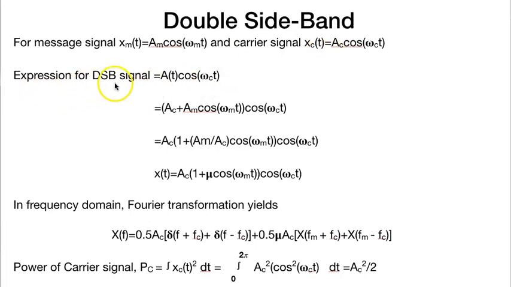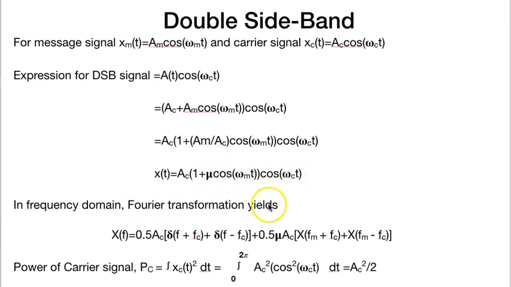To get the expression for a double sideband signal, if we expand our basic expression of modulation, it comes out to be AC plus AM cos omega MT, times cos omega CT, where if we take AC outside, xt is AC times 1 plus mu cos omega MT, times cos omega CT. If you calculate it, you will get this result.